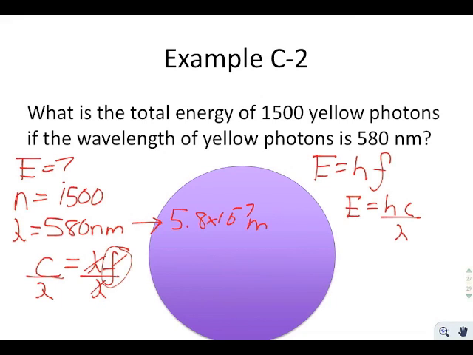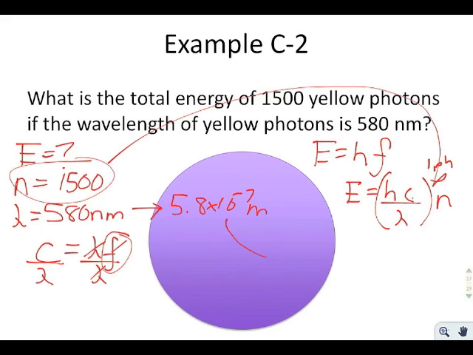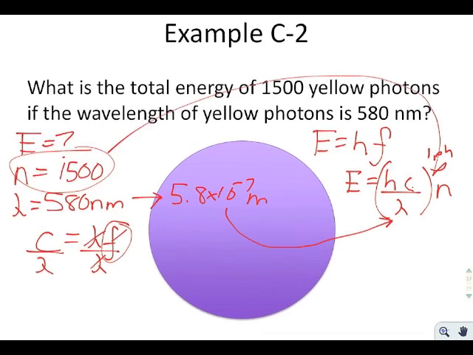You should be able to take the numbers that you have now, and people say, well, where does the n go? Remember, this is for one photon. In order to make it for multiple photons, you have to multiply it by n. So now if you look, you have n, you have c, which is a constant, you have h, which is a constant, and then you have your lambda value. So you should be able to plug those in and get the energy.